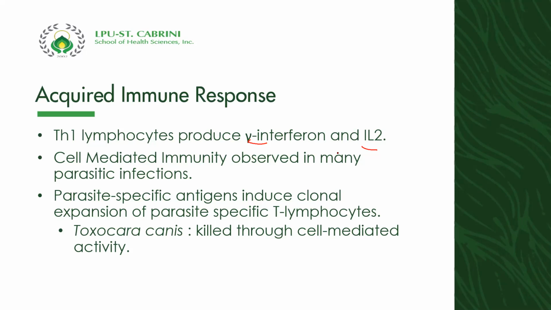Remember that the cell-mediated response has been observed in most parasitic infections. An example of which is Toxocara canis. Toxocara canis is killed through cell-mediated activity. The migration of Toxocara canis.